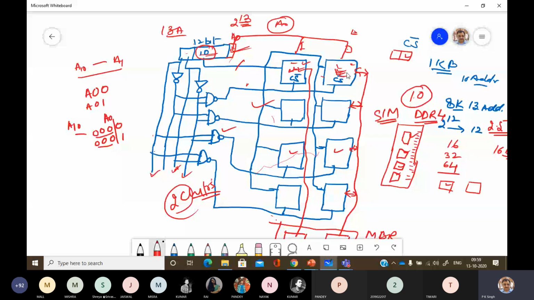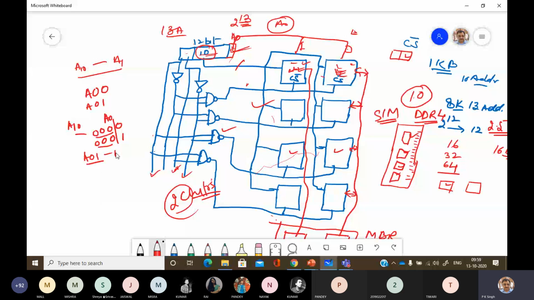And we have generated the chip select signals. This 8 bit you can retrieve from here and here. Here it is okay. But suppose the same information is written at A01 address, you have written AB, then what will happen?